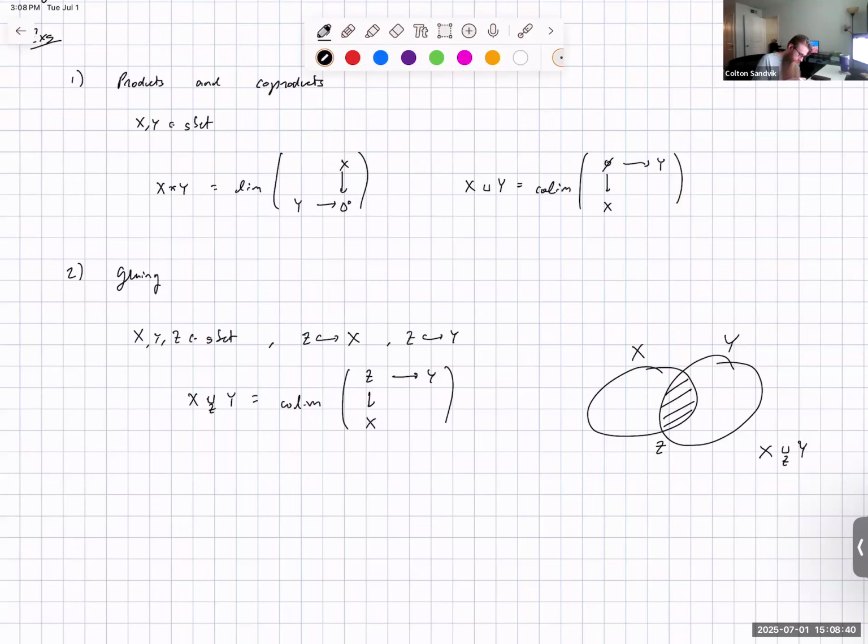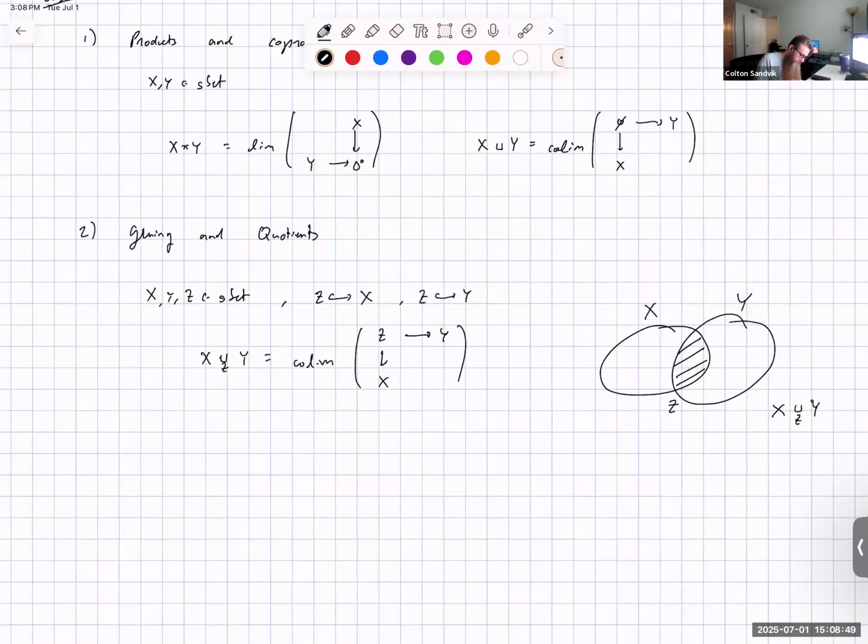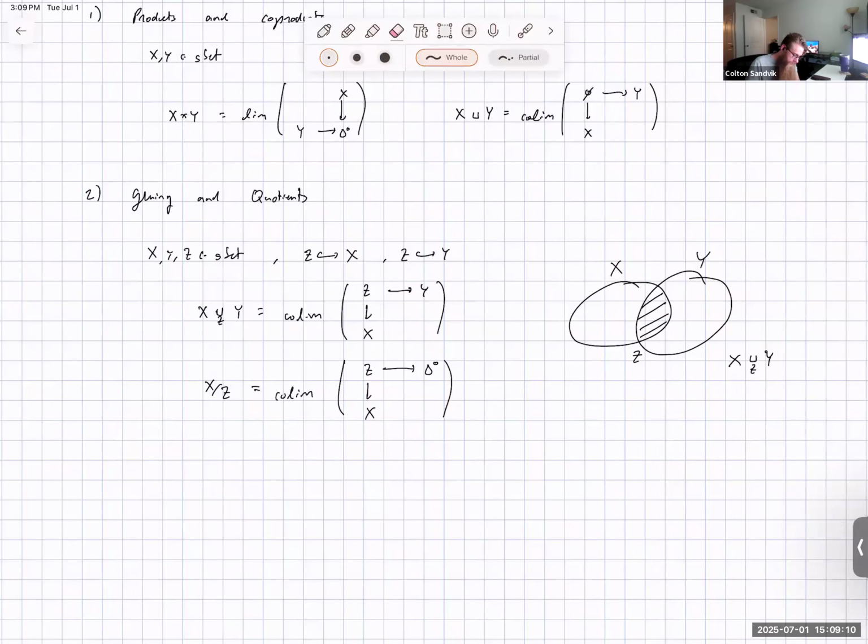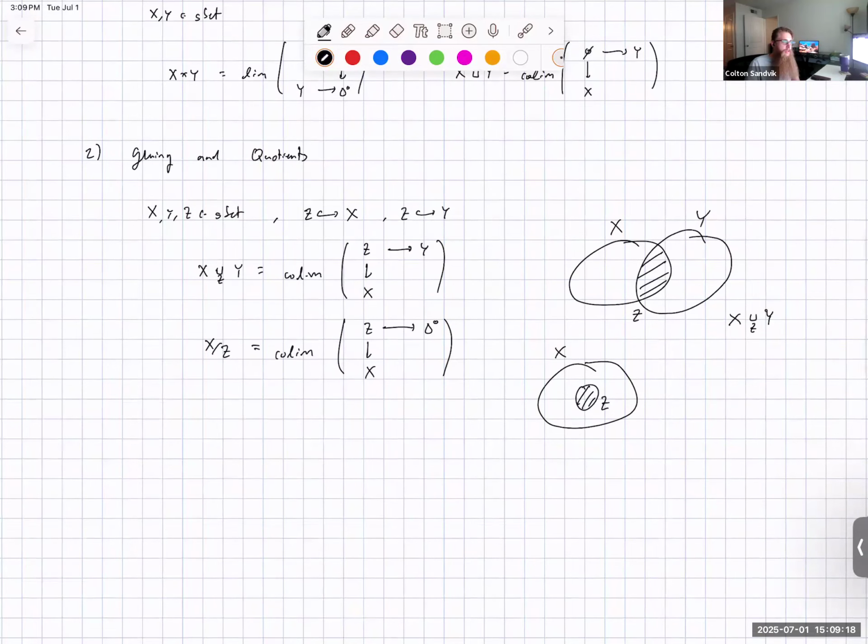We can also take quotients, which I'll add here. If we want, we can define the quotient of X by Z as the colimit of the diagram with Z to X, and then we map everything in Z to the terminal object, the point. Topologically, we have some set X, we have some piece Z inside it, and we're contracting that to a point, forcing it to be identified.